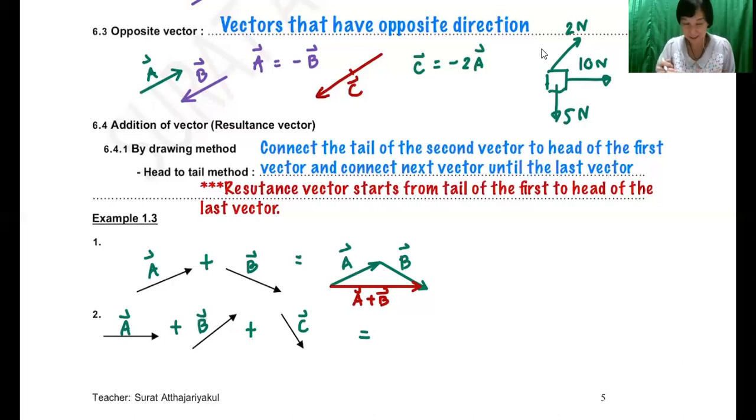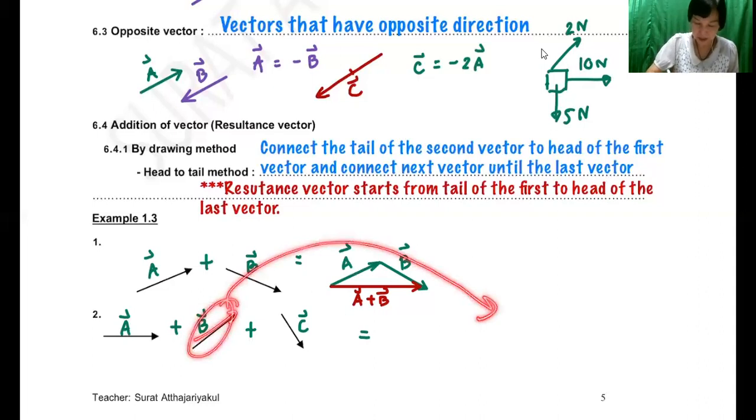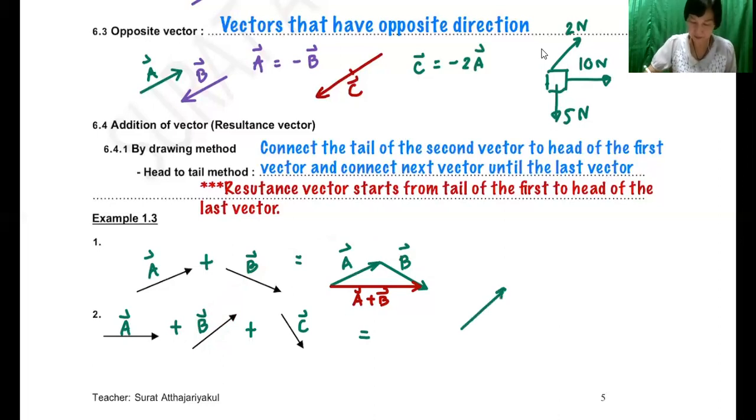Okay, but here I will suppose that I will draw B first. Okay, I will start with vector B first. Vector B looks like this one, so I will copy this vector here. Okay, my vector B should look like this one. Okay, this is vector B. And then follow with vector A. Our vector A points to the right as this one.